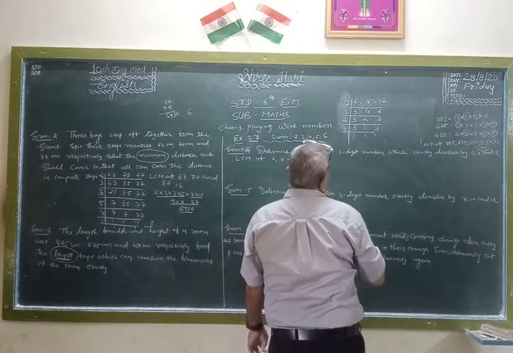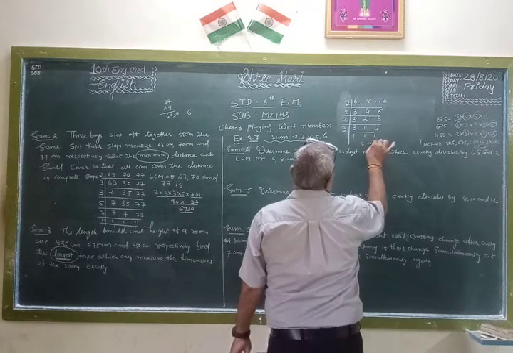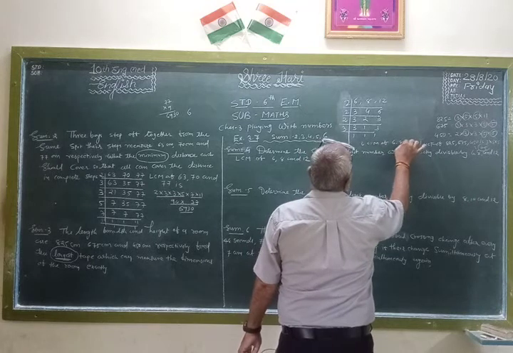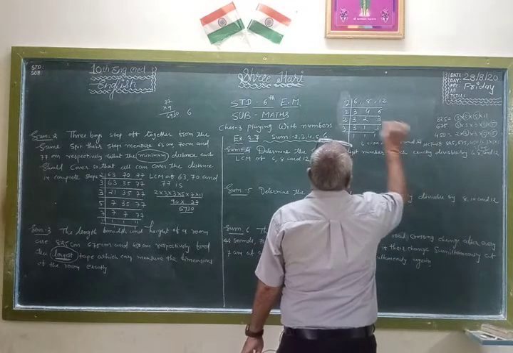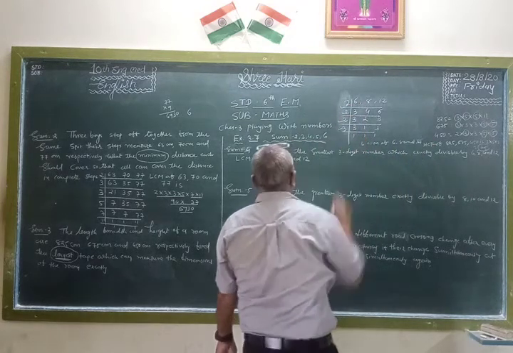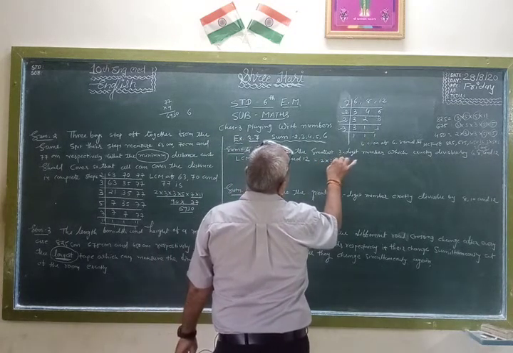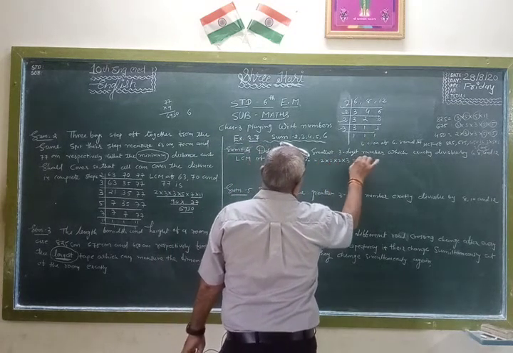Now the LCM of 6, 8 and 12 is the multiplication of 2, 2 twos are 4, 2 fours are 8, 3, which is equal to 2 into 2 into 2 into 3 is equal to 24.